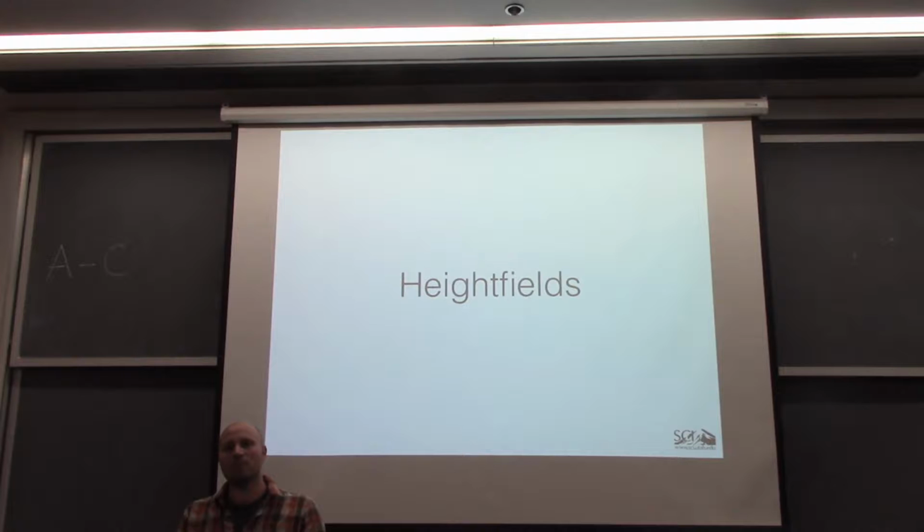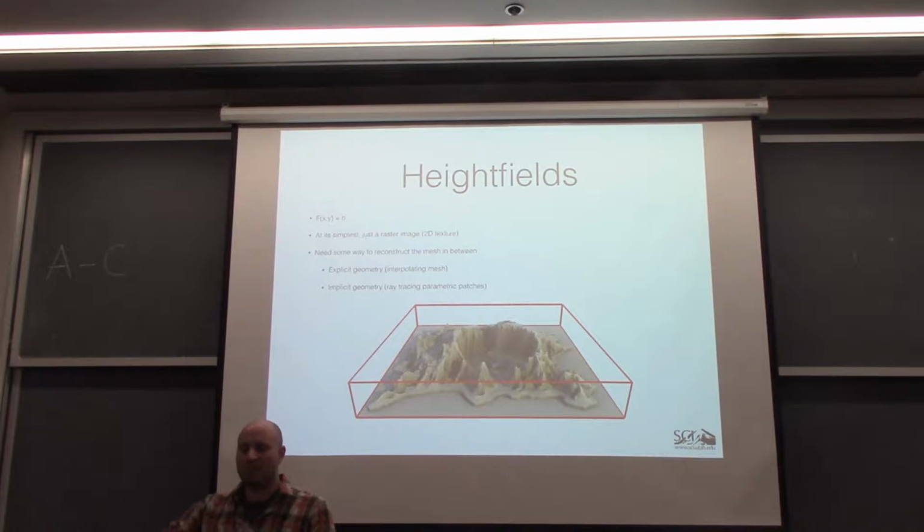So a simple example, height fields are maybe not a purely implicit or purely explicit structure, but they're a good example because they're implicit with respect to two dimensions and explicit with respect to the third, the height. So they're an interesting visualization tool. And they also show up a lot in GIS, a lot in visualization.